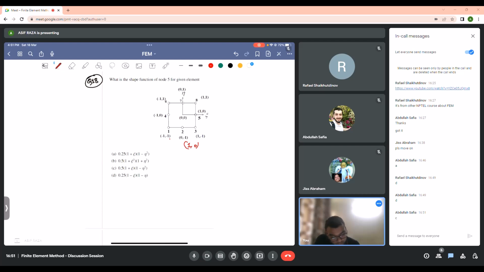Let us substitute everywhere. So 1 comma 0 will give me 0.5, this will give me 1, this will also give me 1, and this will give me 0.